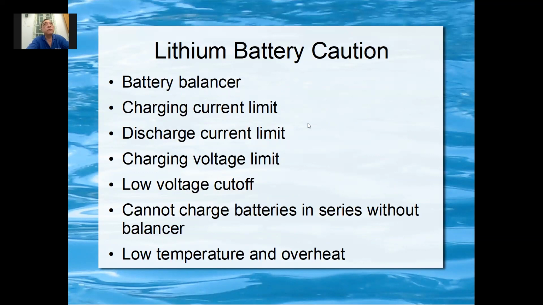Okay, so if you use a lithium battery, for those who want to wire up your own battery, then you need to buy a battery balancer to balance the battery. And then you also normally need some electronics which will control the charging current limit and discharge current.